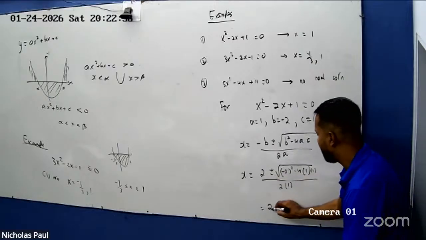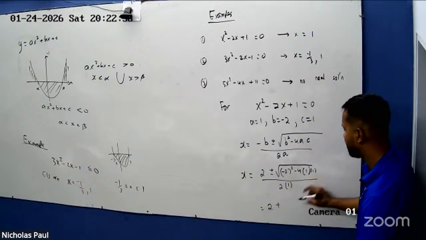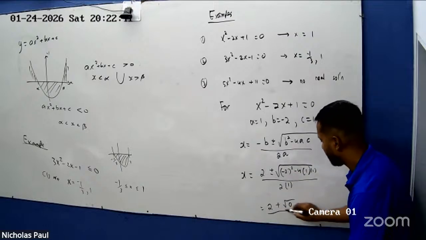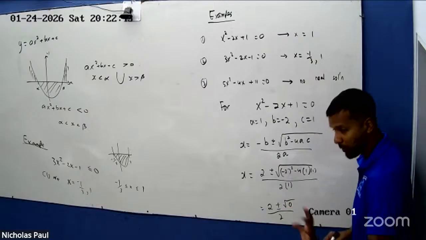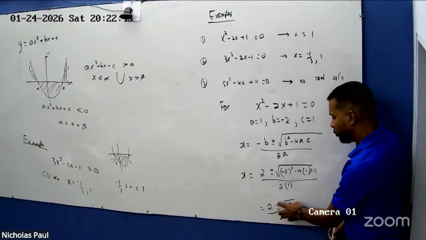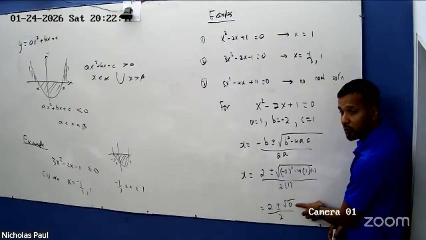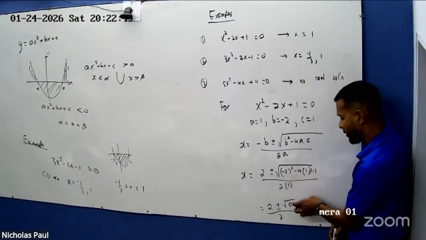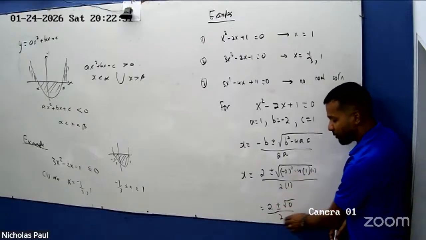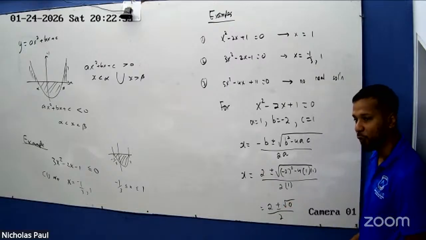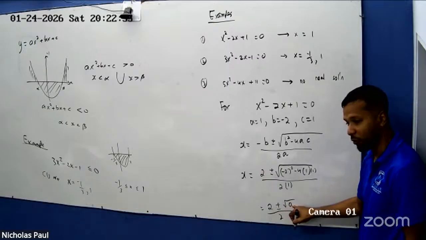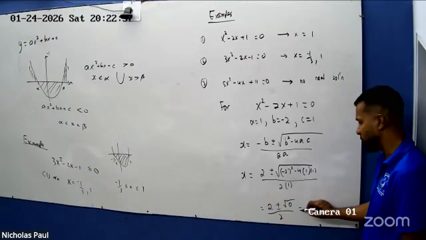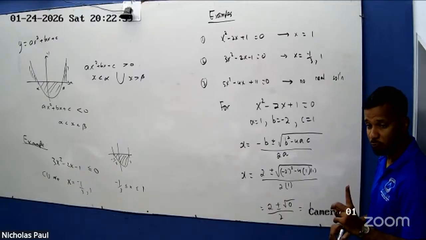So I'll end up with 2 plus and minus the square root of 4 minus 4, which is 0. So what you will recognize here is that you're going to do 2 plus 0, 2 minus 0. Still going to give you the same answer, which is 1.